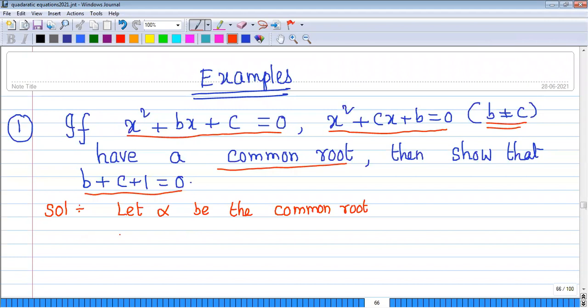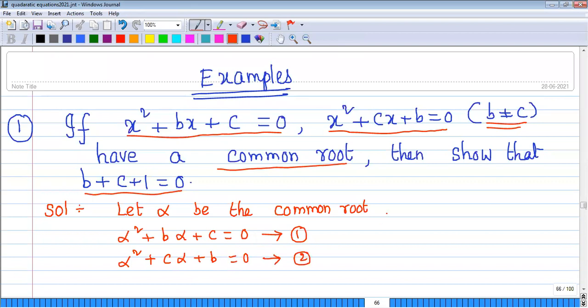So we get alpha square plus b alpha plus c equals 0, say equation 1. Alpha satisfies the second equation also, because it is a common root. So from the second equation, alpha square plus c alpha plus b equals 0.